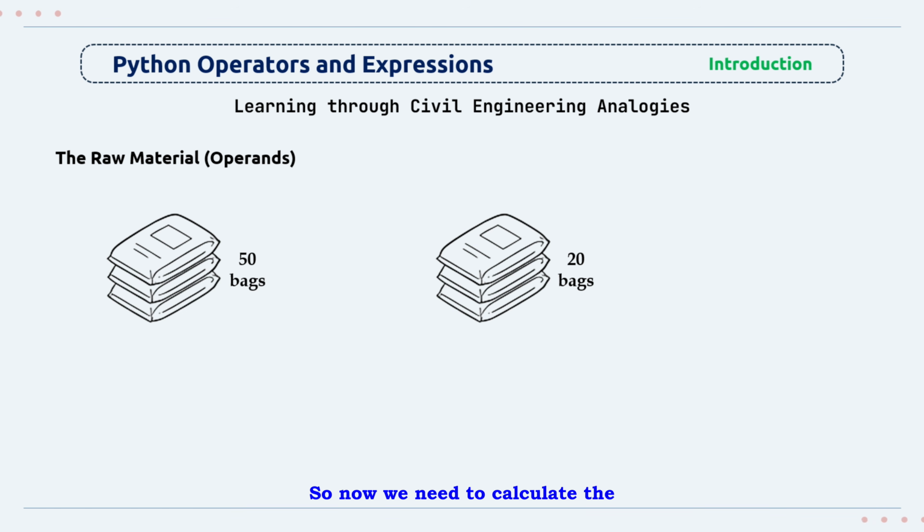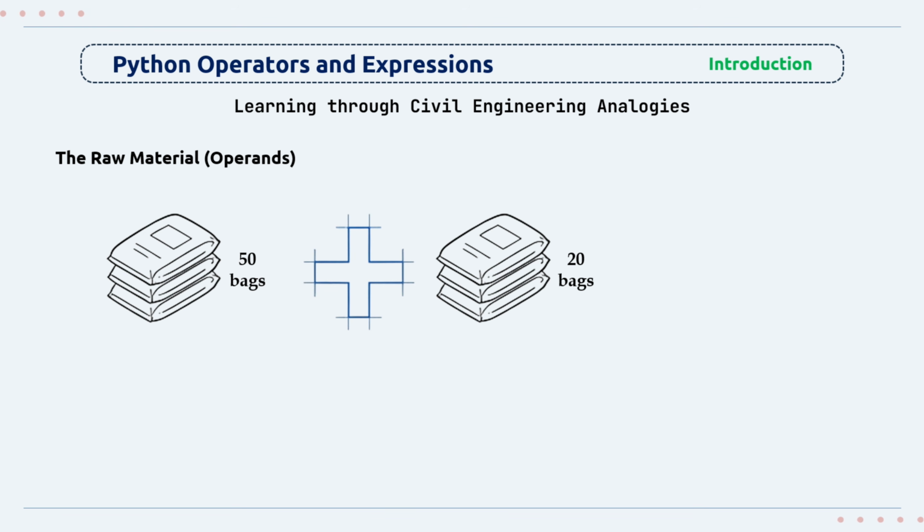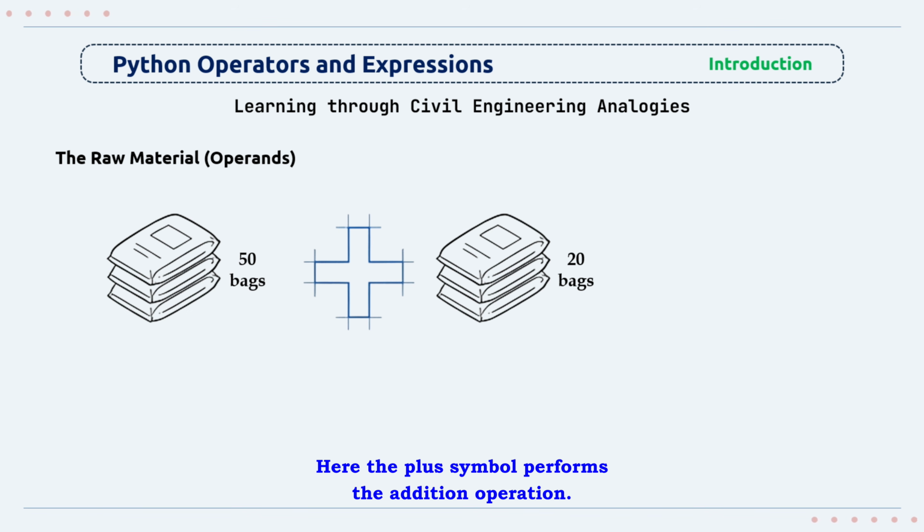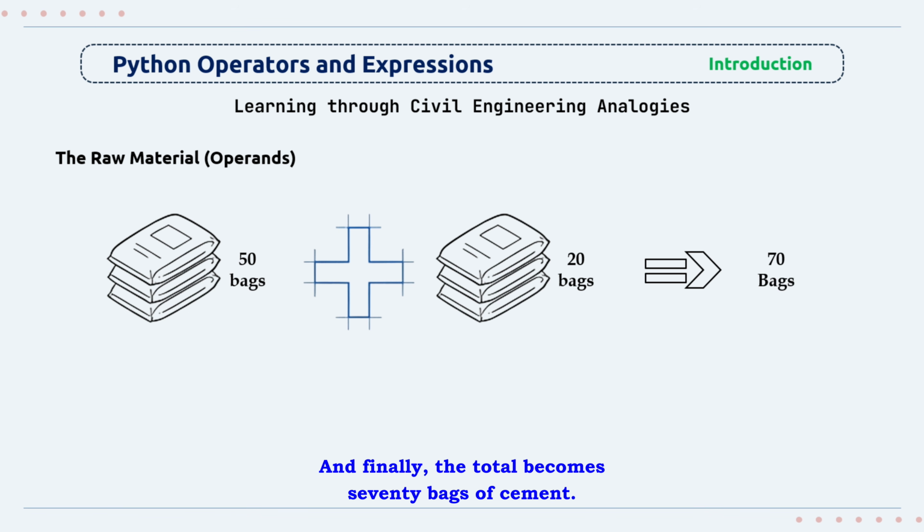So now, we need to calculate the total number of cement bags required. Therefore, 50 bags plus 20 bags. Here, the plus symbol performs the addition operation. And finally, the total becomes 70 bags of cement.